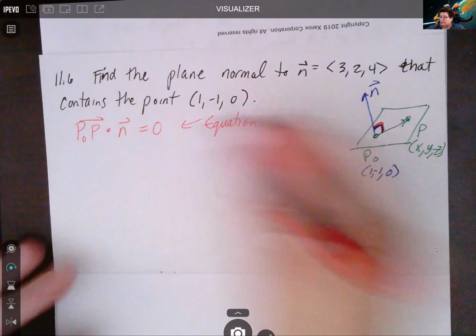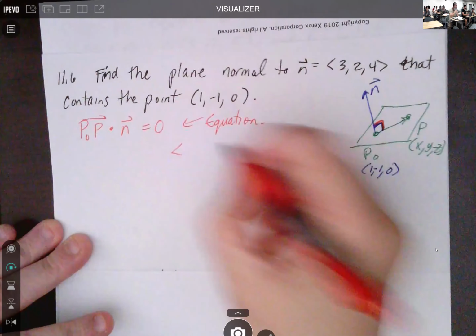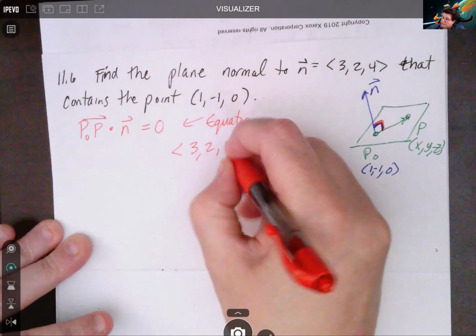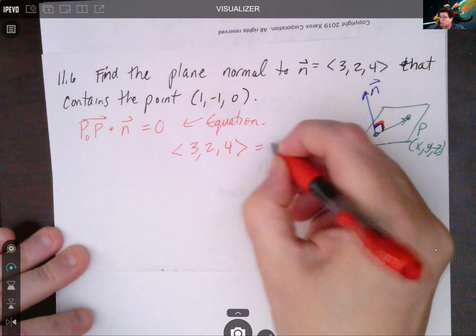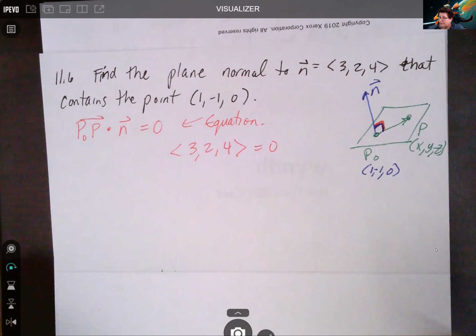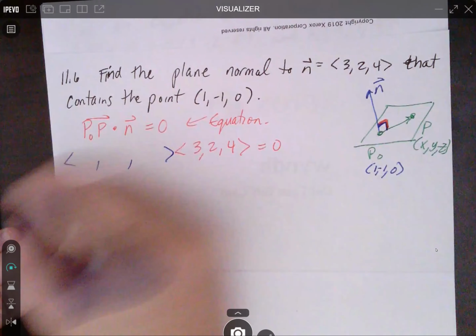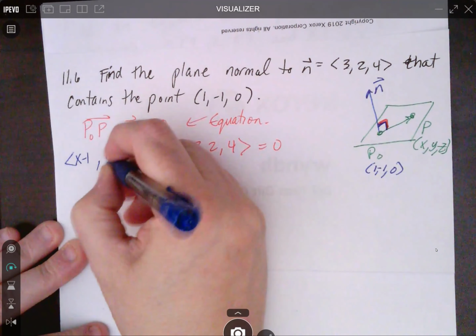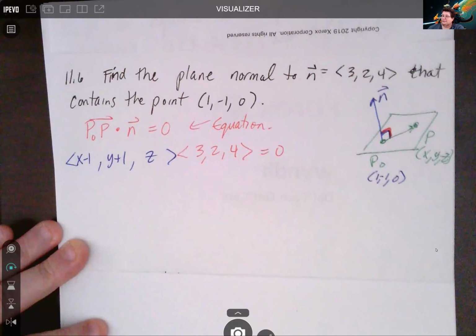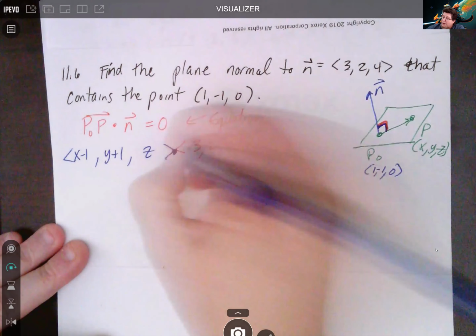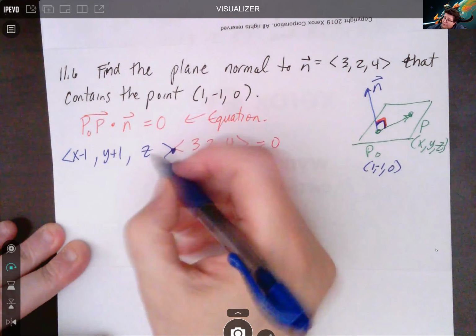We have N. N is 3, 2, 4. What is P naught P? x minus 1, comma, y plus 1, comma, z. Correct. So we dot them.